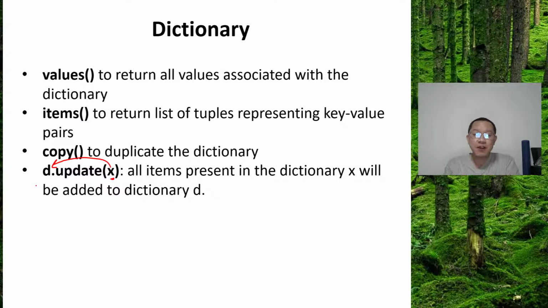So from what we learned about these common data types, from numbers, strings, list, tuple, set, and dictionary, now you have some feeling that these data types share certain functions that can be used interchangeably.